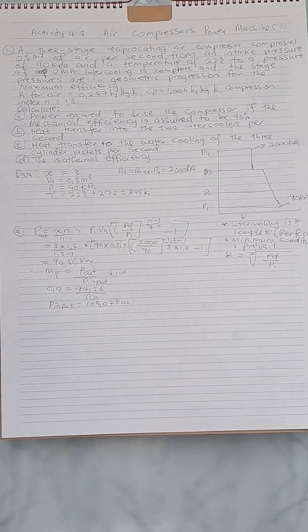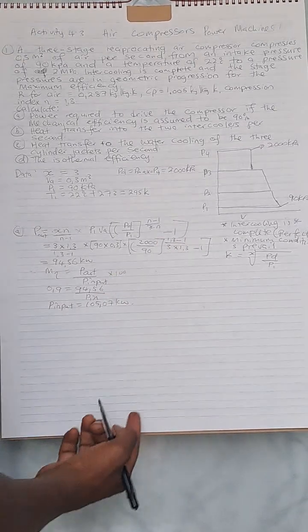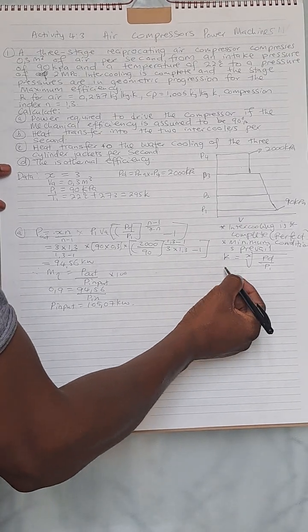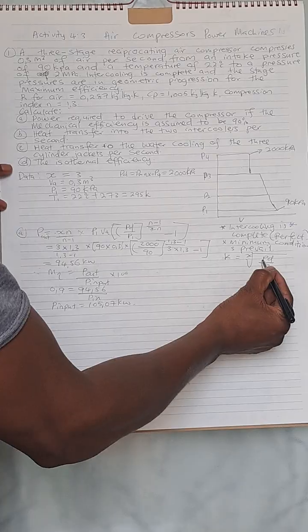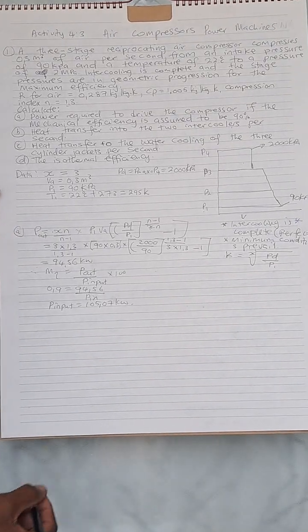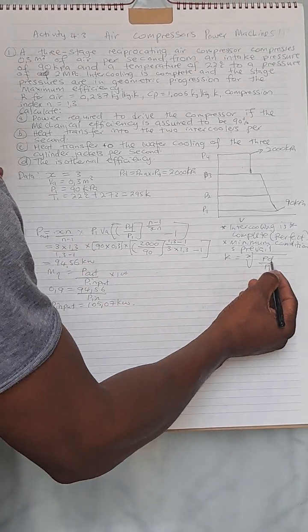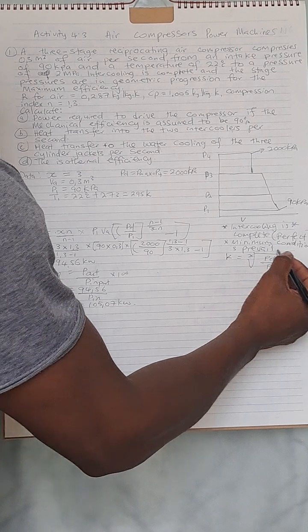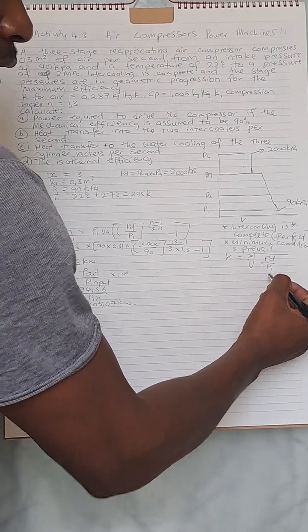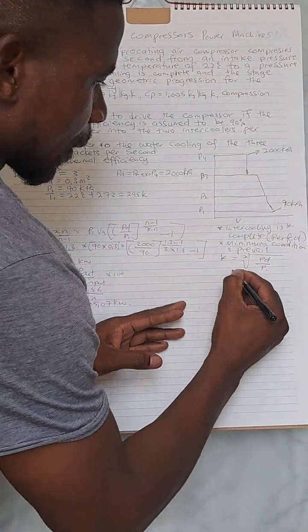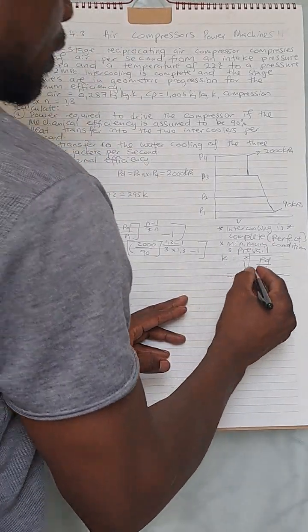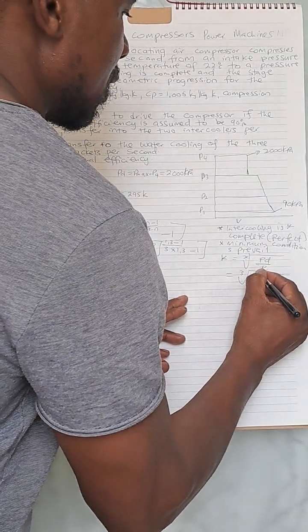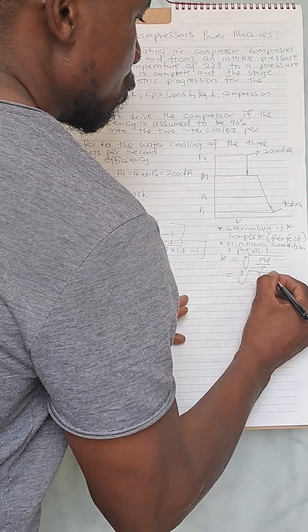The simple formula for us to use to calculate our K, or our stage pressure ratio, is this one. You just show your stages here and then your PD and your P intake. It's a very simple formula. Your maximum pressure, square root of your maximum pressure divided by our P1. Number of stages, let us show them. We are given a 3-stage. Our P delivery is 2000.